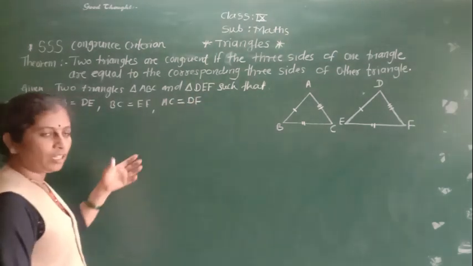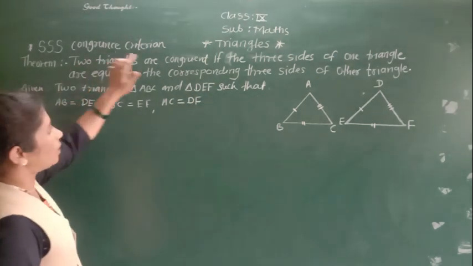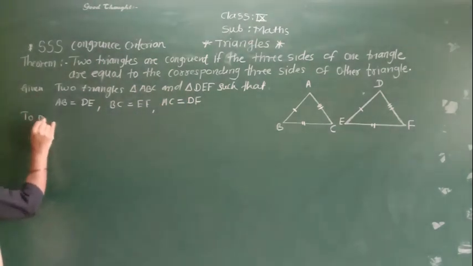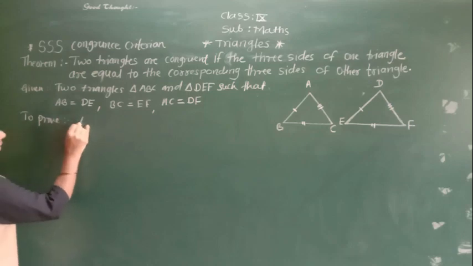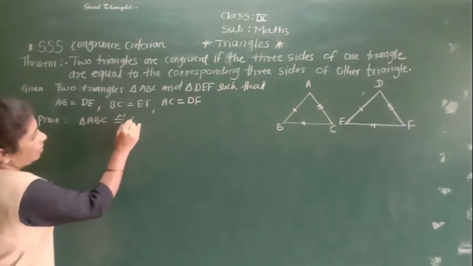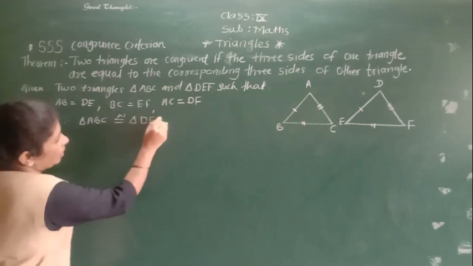This is given. What we have to prove is that the two triangles are congruent, that is, triangle ABC is congruent to triangle DEF.